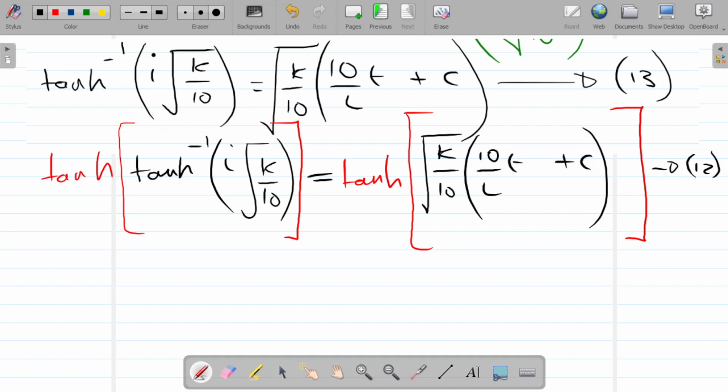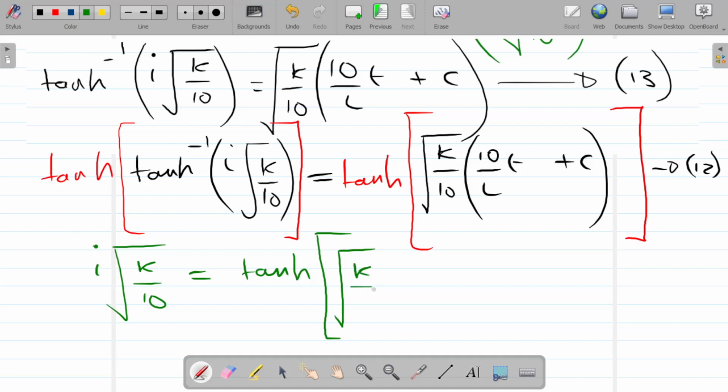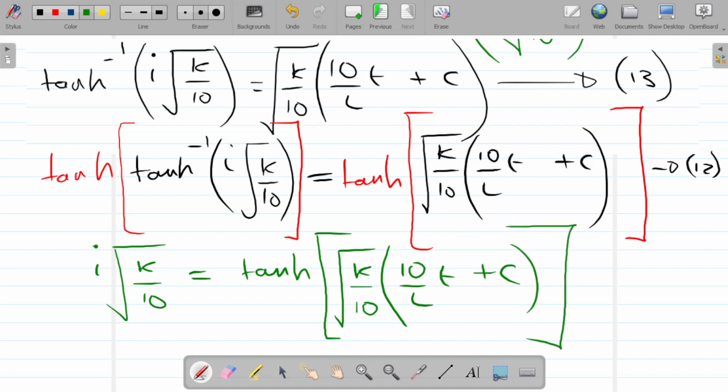So taking the hyperbolic tangent of an inverse hyperbolic tangent function just leaves I root k over 10, and that's equal to the hyperbolic tangent function, or tanh, as I've been calling it, of, in brackets, root k over 10 times, in brackets, 10 over L times T plus C. Close brackets and close the big bracket.